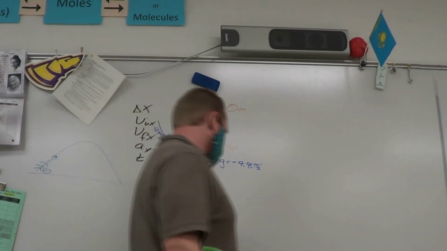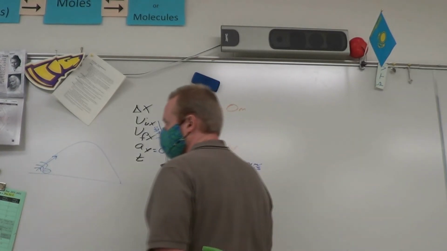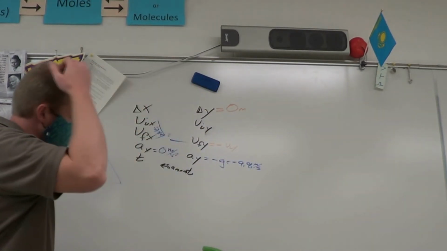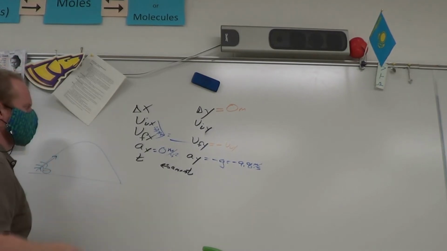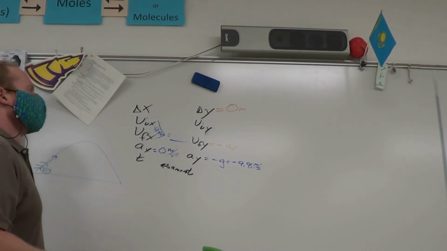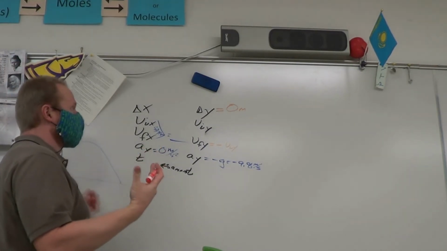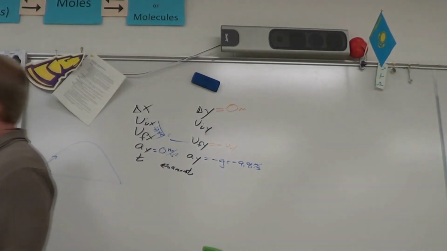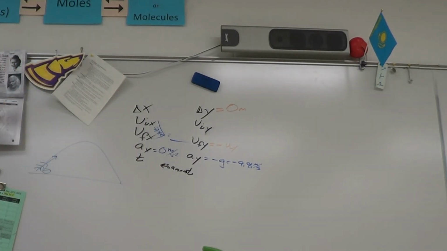I think red was from the problem. So now I have some numbers such that the velocity in the x direction is 18 meters per second, and it's 23 meters per second in the y.